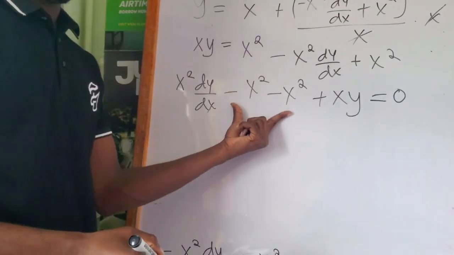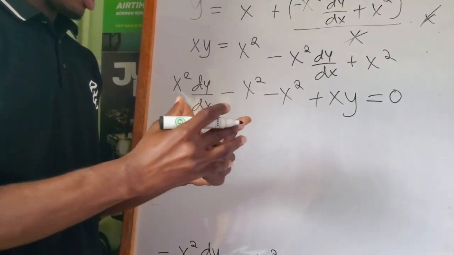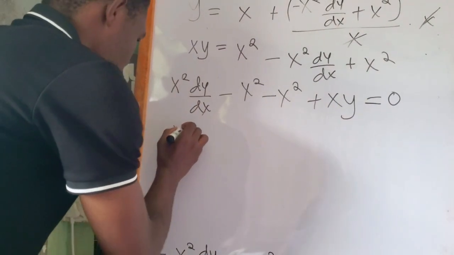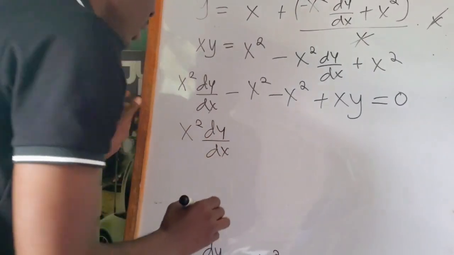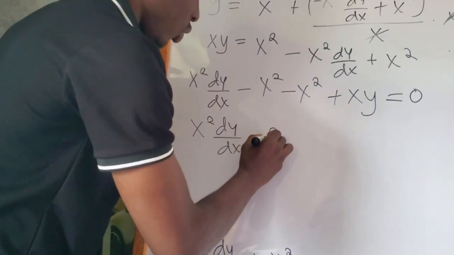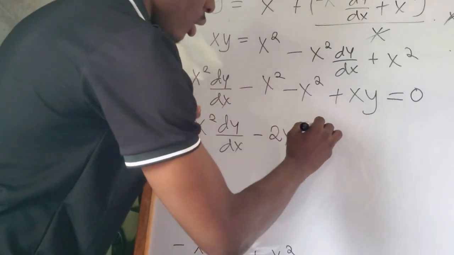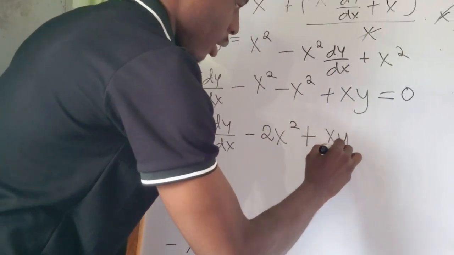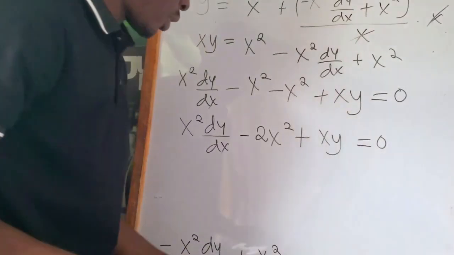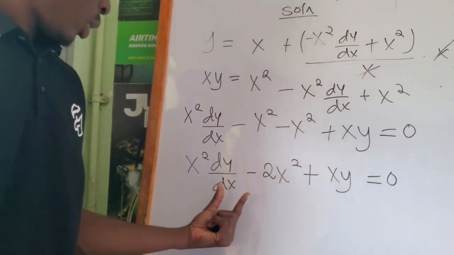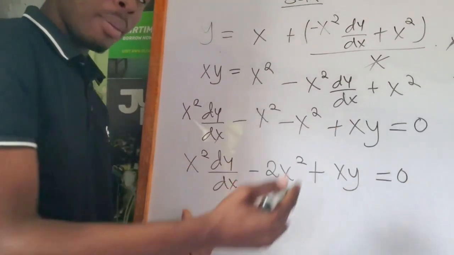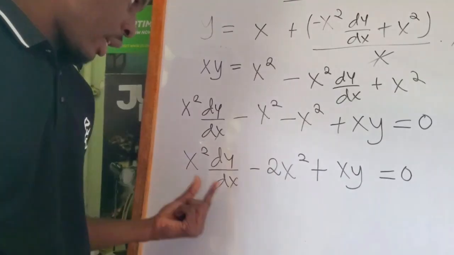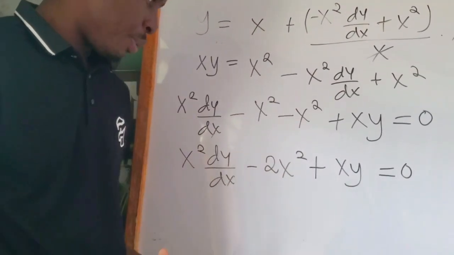Now we have two like terms here, we can add them together. So x squared dy/dx minus 2x squared plus xy is equal to 0. All right, we can do a little bit of tidying. If we divide both sides by x squared, because x appears here, it appears here, and it also appears here.